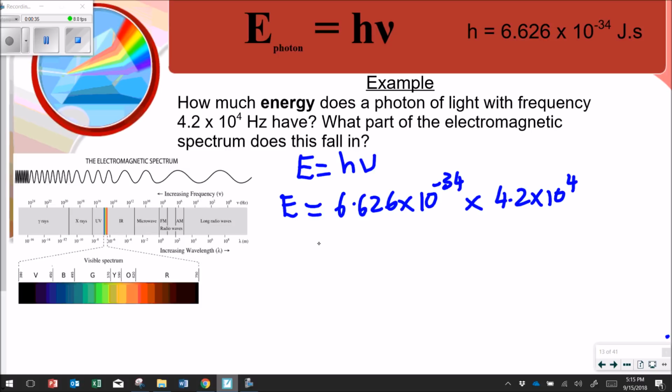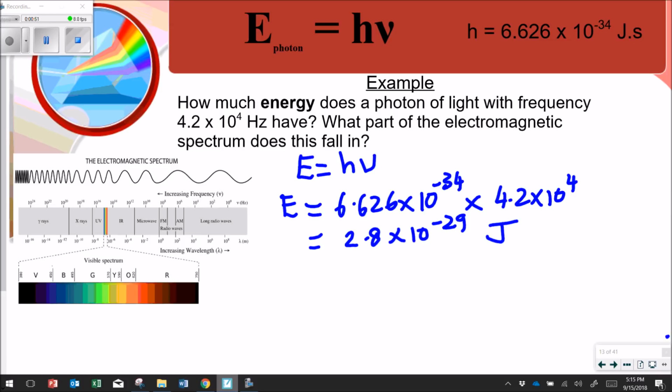We just plug in our calculator, and that gives us 2.8 times 10 to the negative 29. And the unit for energy is joules. This is the correct sig figs.